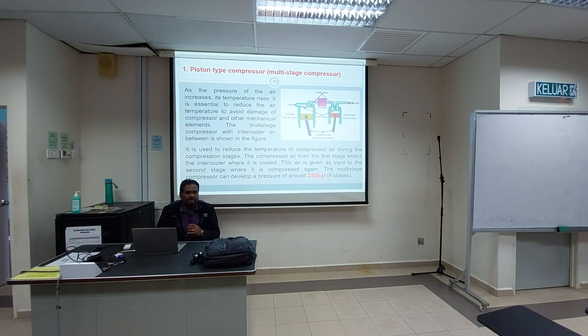So dia lalu intercooler. Intercooler ni apa dia akan buat? Temperature dia akan rendahkan, tapi pressure maintain. So pressure, sebab kita perlukan pressure. Temperature tu kita tak nak. So temperature tu intercooler akan kurangkan. Intercooler kurangkan, dia akan supply dekat the next piston. So dia akan masuk ke outlet lah. Outlet ataupun the next intercooler. So that is what we call as a multi-stage compressor.